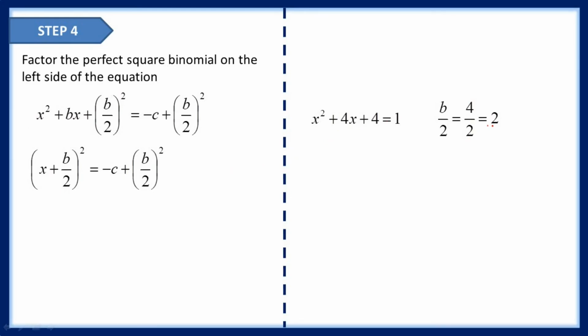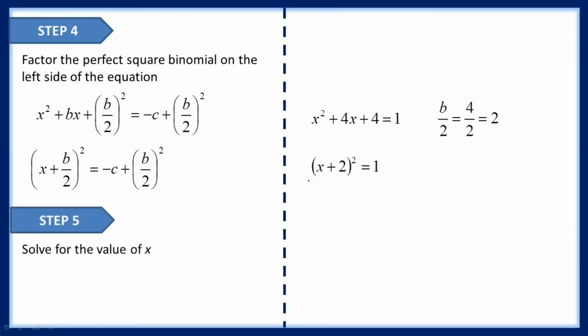Our b over 2 is equal to 2. Kaya yung 2 natin ang ilalagay natin dito sa loob nitong grouping symbol na to. So this becomes x plus 2 and then squared. x squared plus 4x plus 4 is equal to x plus 2 squared. Now we have our square of a binomial.